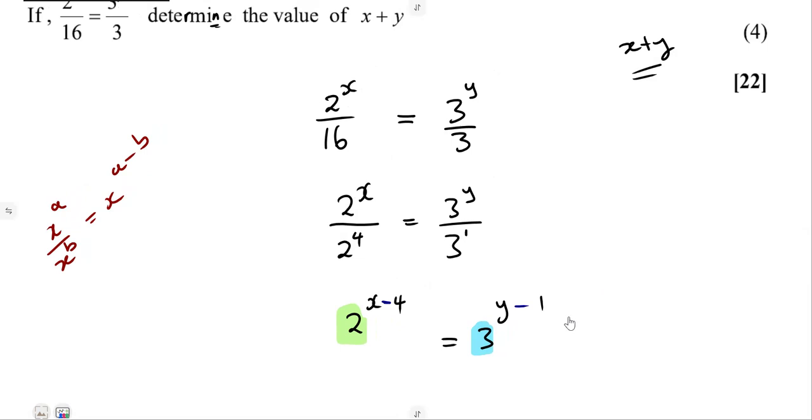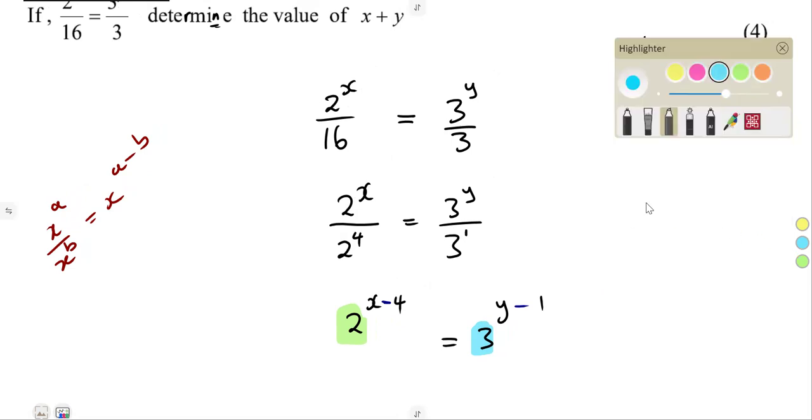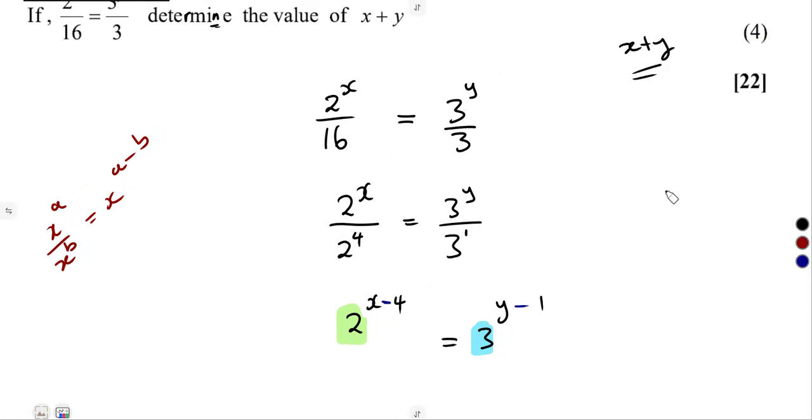So if we get back to the understanding of our numbers, when the two bases, guys, are different like that, 5 to the exponent of x is equal to 2 to the exponent of x, or 3 to the exponent of x is equal to maybe 5 to the exponent of y, whatever you're given. The numbers are different and the bases are different.